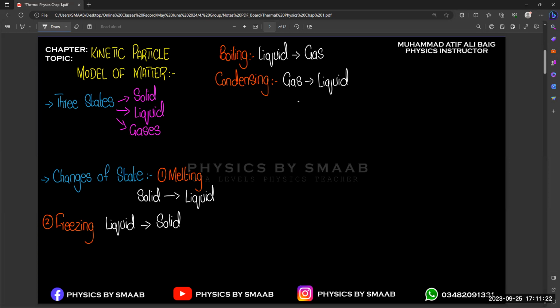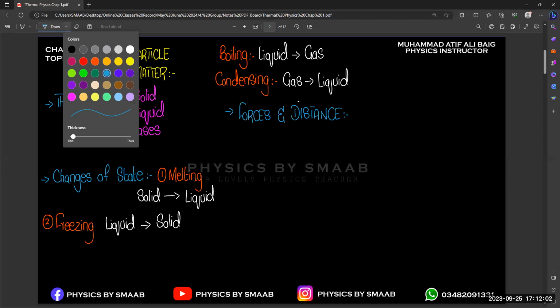And further, if we talk about some different concepts, let's suppose the intermolecular forces, and the forces and distance between molecules, just like we discuss in solid, liquid, and gases.